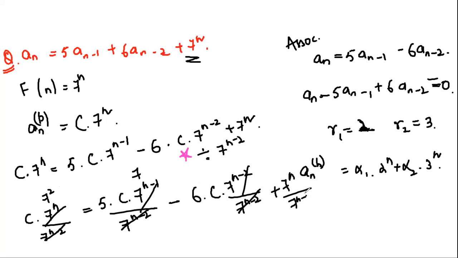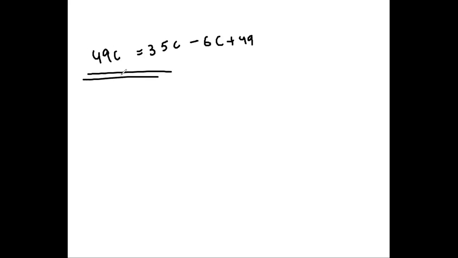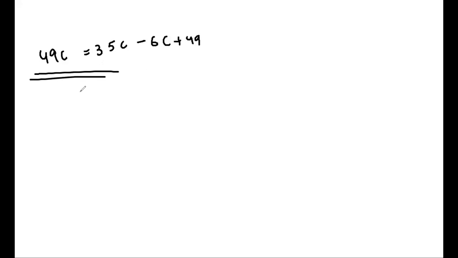Then again this will be left with 7^2. So now we can write this equation as 49c = 35c - 6c + 49. If you solve this completely, you will get the c value, which will be 49/20.